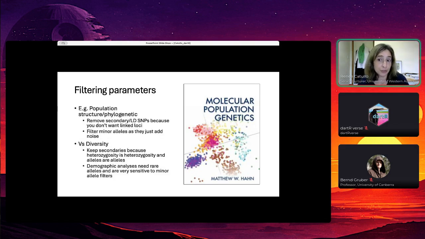So some examples of things you would filter differently. For population structure, you would remove your secondary SNPs and do LD pruning because you don't want linked loci.